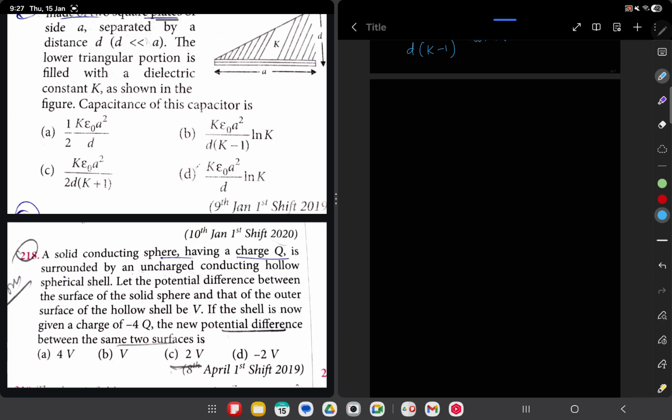There is a solid conducting sphere having a charge q, surrounded by an uncharged conducting hollow spherical shell.